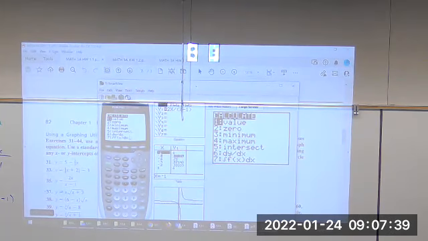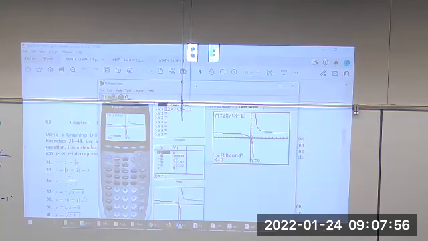But what I want is to find the zero. I want to find the x-intercept. That's what a zero is. Where does it cross the x-axis? When does y equal 0? So option 2, zero, and I want to calculate.